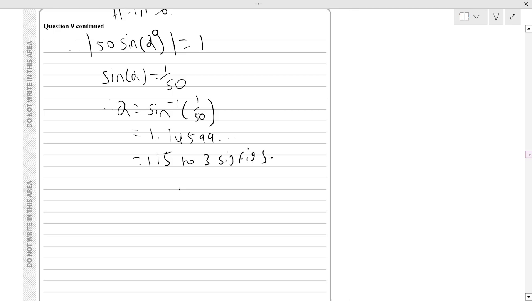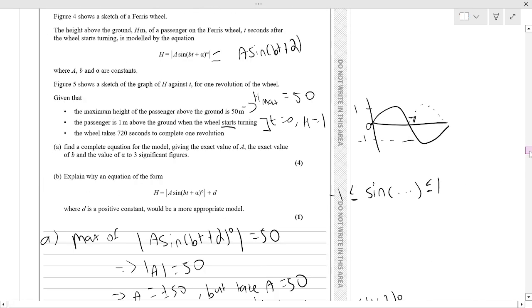Okay, now we just need to find b, but we're given another piece of information. This bit. The wheel takes 720 seconds to complete 1 revolution. I guess there are many ways you can interpret this.